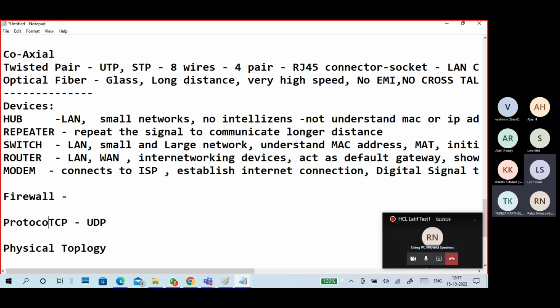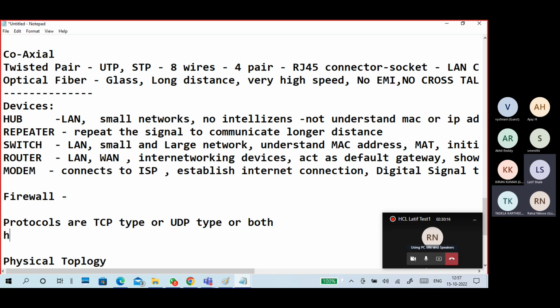Protocols are TCP type, UDP type, or both. Examples: HTTP, Hypertext Transfer Protocol, FTP, SMTP.